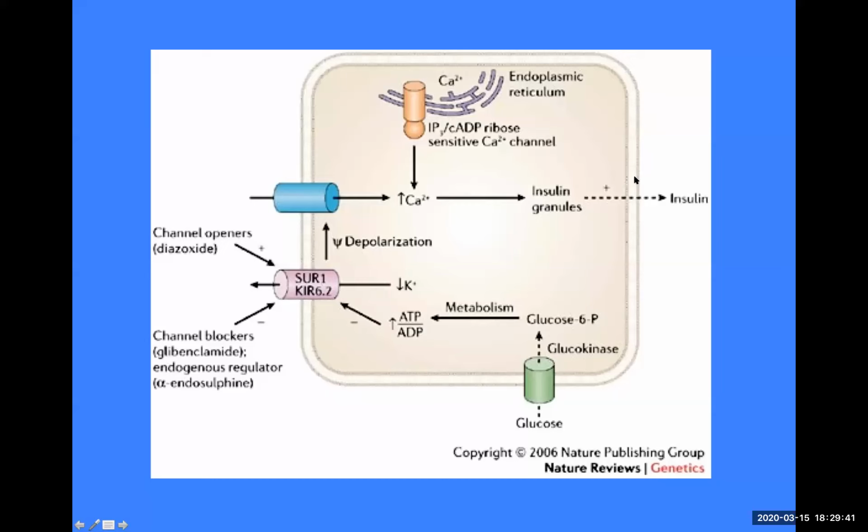It's just that the consequence in the pancreas is that you release insulin, which makes sense, right? When you have more glucose coming in, you want more insulin to be released to cope with it. But the mechanism is exactly the same in a hypothalamic neuron and the pancreatic beta cell. The body is very good at stealing a mechanism that works in one place and using it somewhere else.